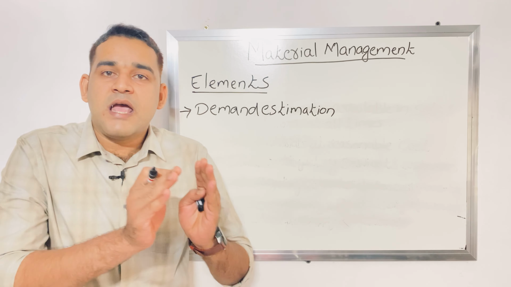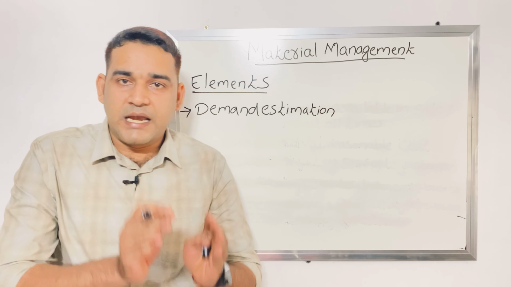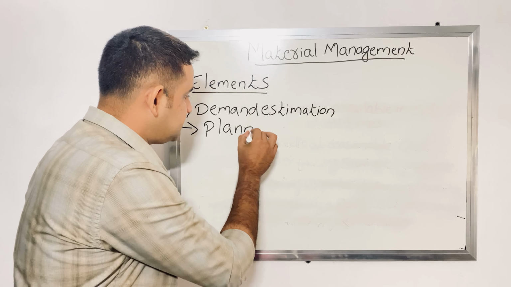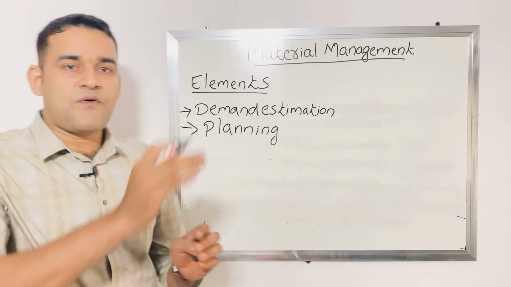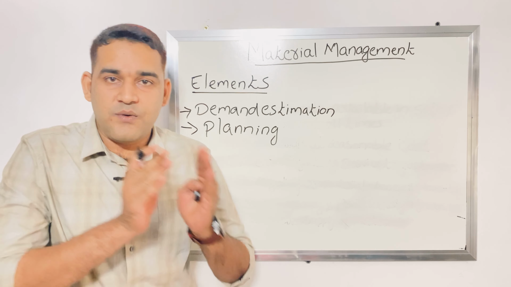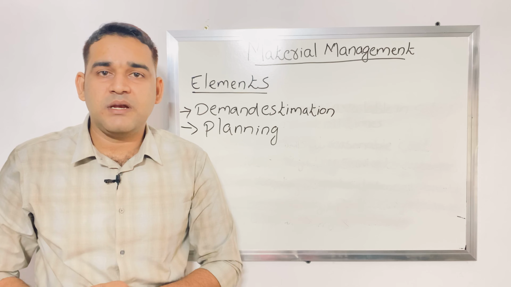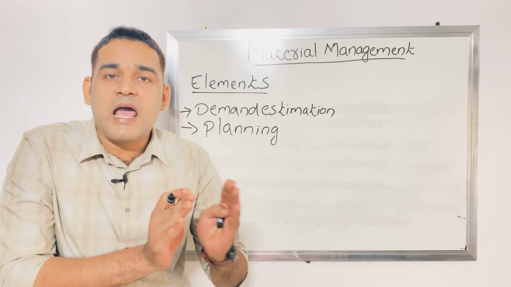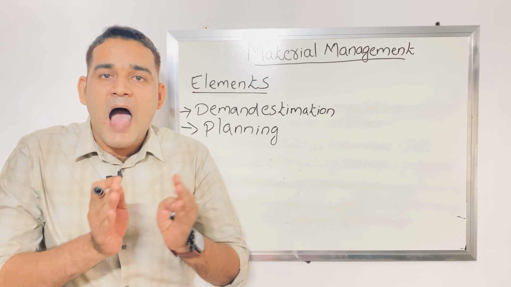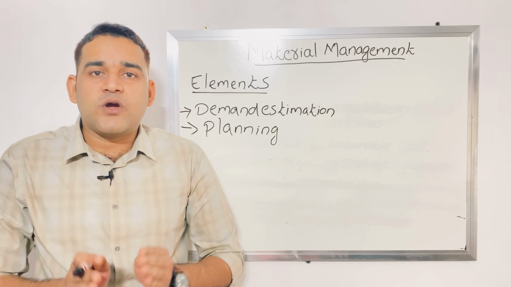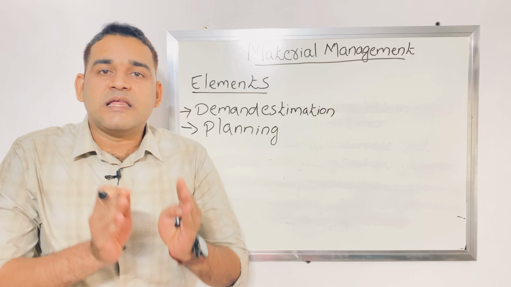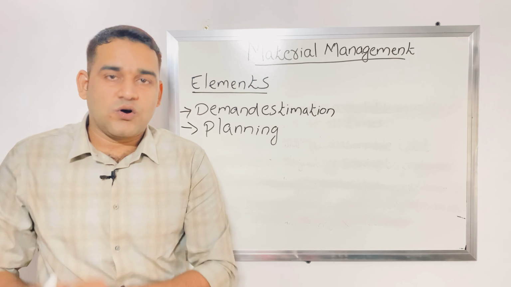That is demand estimation. Second one is planning. So what is meant by planning? Planning means deciding in advance. Planning is very important in material management. You have to plan for the items or equipment required for your department regarding the quantity, the quality, and the right time and the right cost.